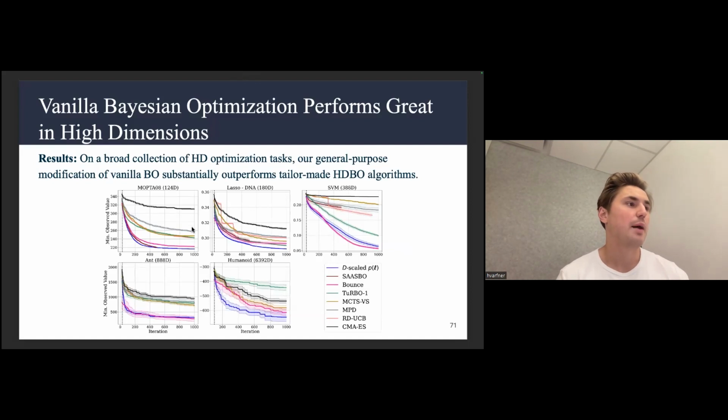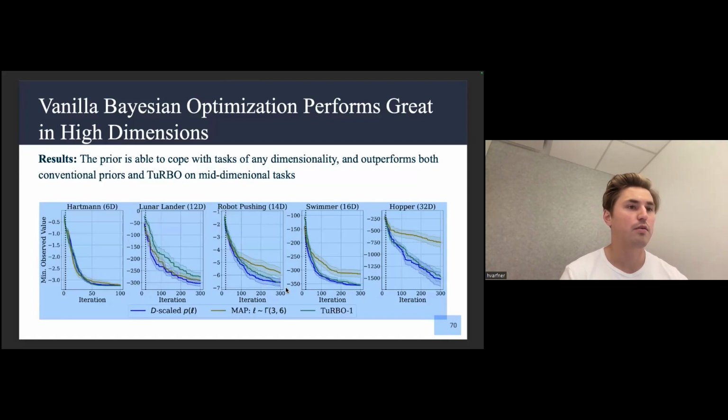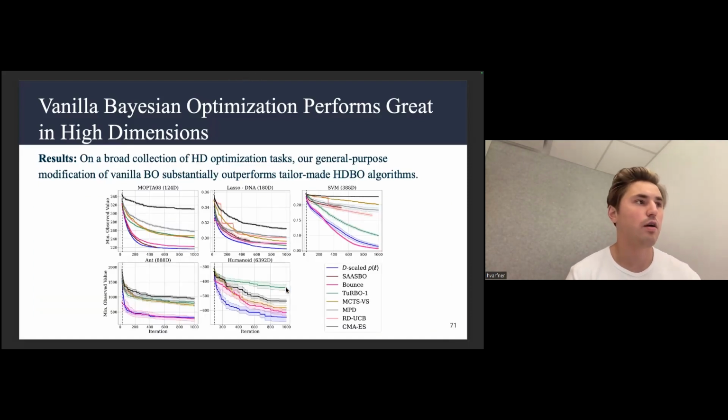And that is also what happens here, where TuRBO for these problems is sometimes competitive, but as we go substantially above 250, it drastically falls off. So our method holds up across dimensionalities, whereas others at some point fall off, all through this assumption on the difficulty of the problem.